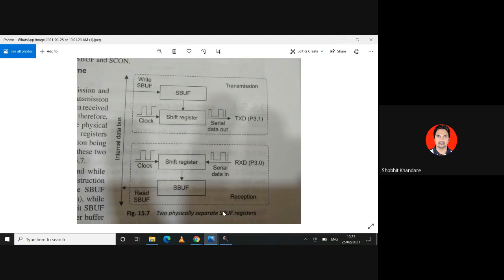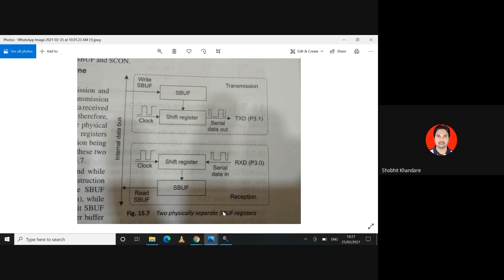They are transmit buffer and receive buffer.